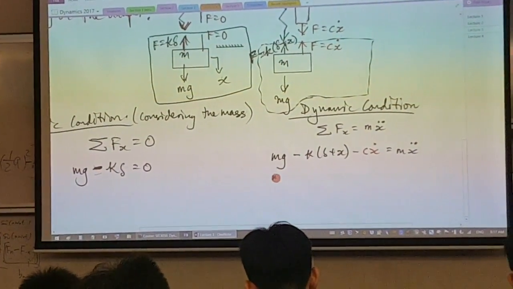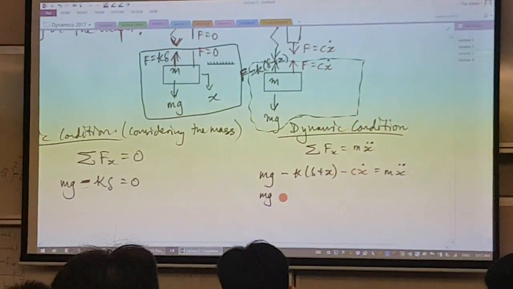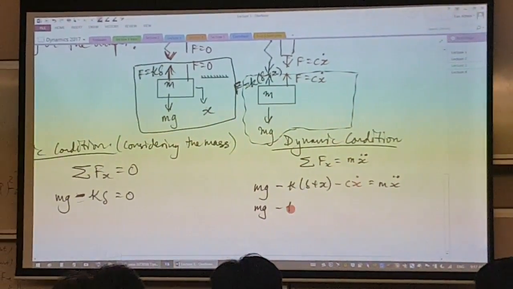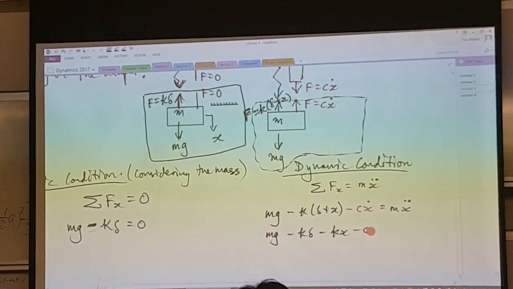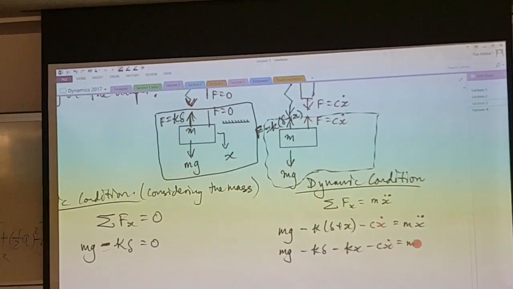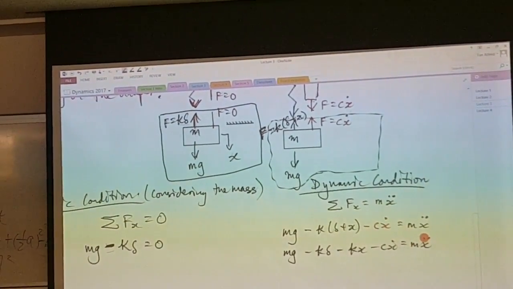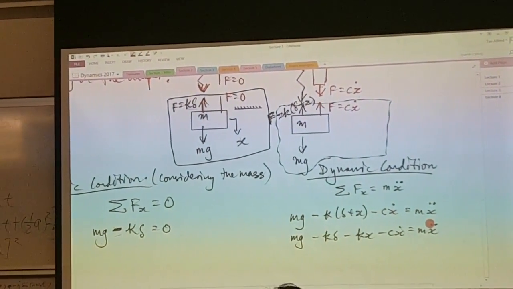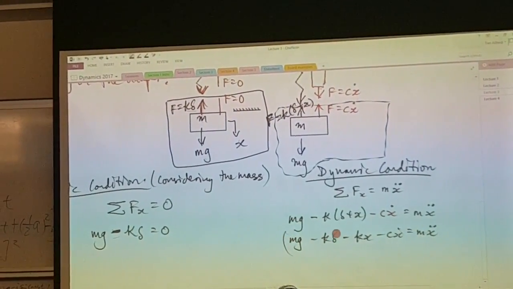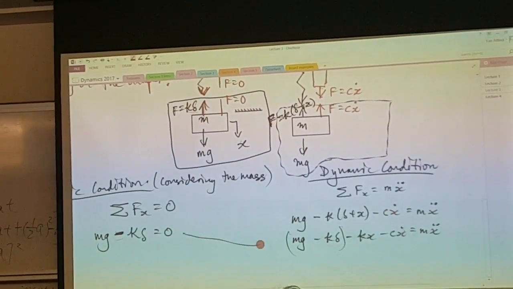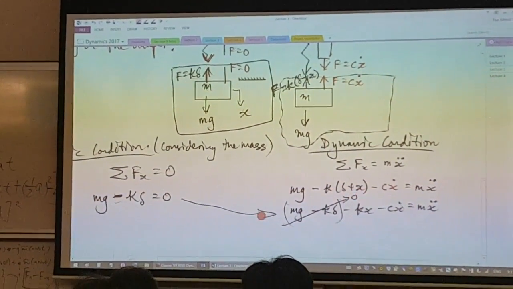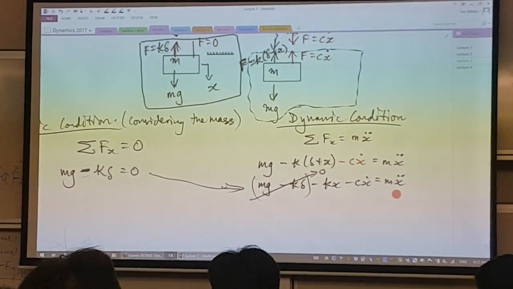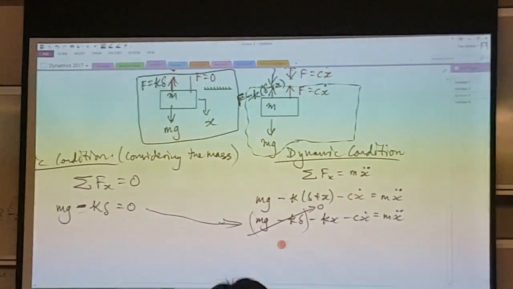So let's break out that bracket. mg minus k delta minus kx minus cx dot equal to m x dot dot. This term over here, we can see from the static condition, is equal to 0. So let me readjust a little bit.